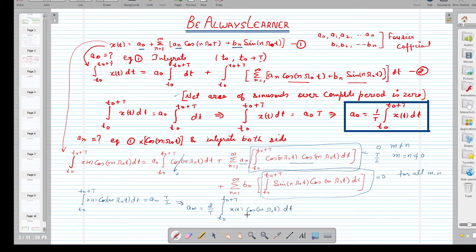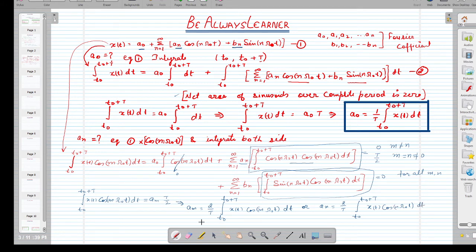So that is another value, or we can also write the an, that is 2 by T integration from t naught to t naught plus capital T x(t) cos of n omega naught t dt.